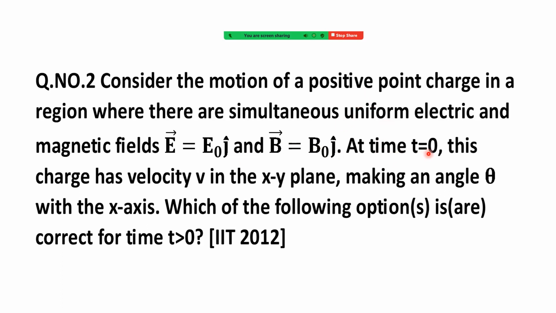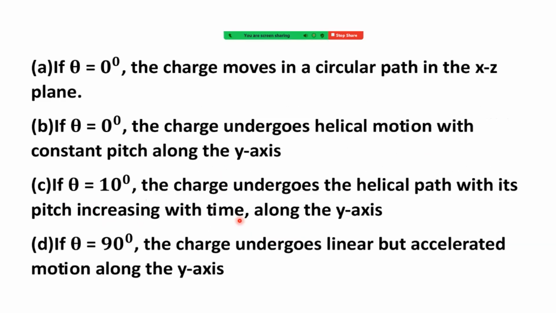At time t equal to 0, this charge has velocity v in xy plane, making an angle theta with the x-axis. Which of the following options are correct for time t greater than 0? Right. So it is given both fields are present and both are along y-axis. At t equal to 0, it has velocity v in xy plane, making angle theta with x-axis. Let us see options.